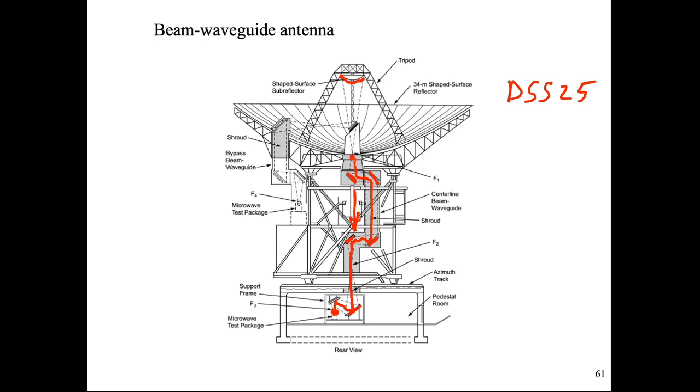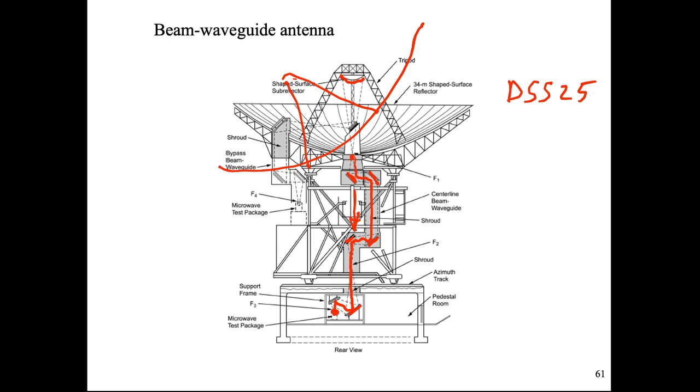Well, there is a fundamental reason: if you go straight to the pedestal room, you are able to make observations only along the local vertical. You have to remember that this dish has to move at different elevations. And how can you have a straight line and reach the focus at the basement if the antenna is tilted in azimuth and elevation?